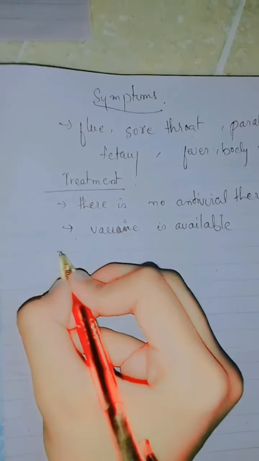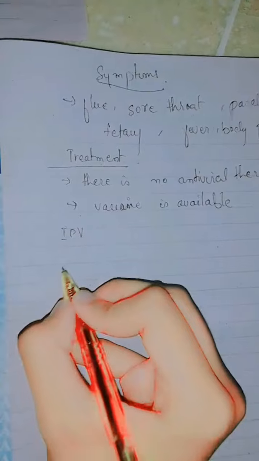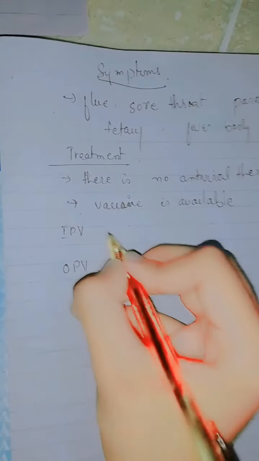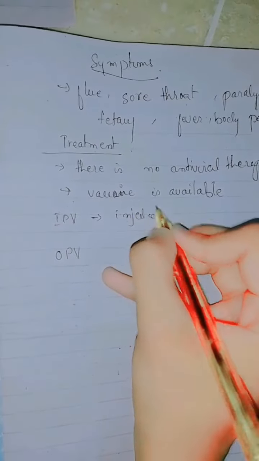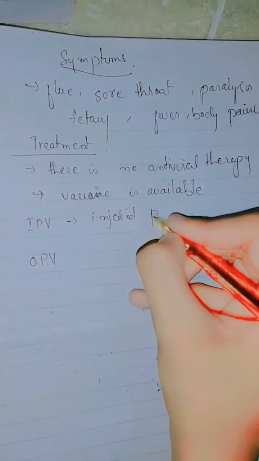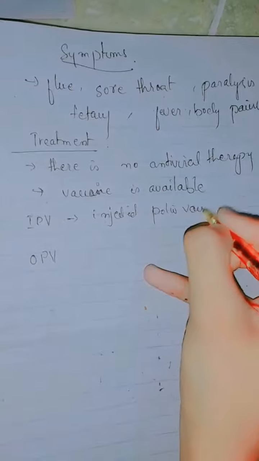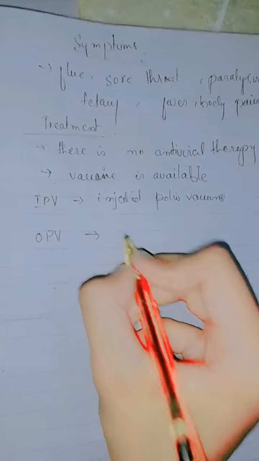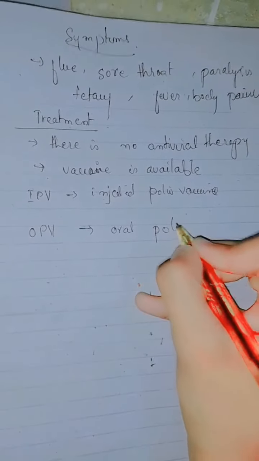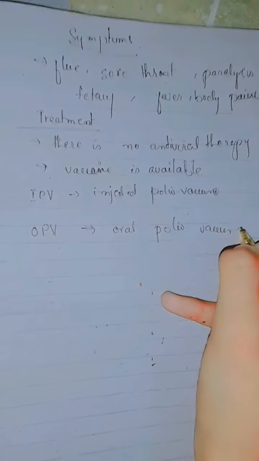One is IPV, the injected polio vaccine, and second is OPV, the oral polio vaccine.